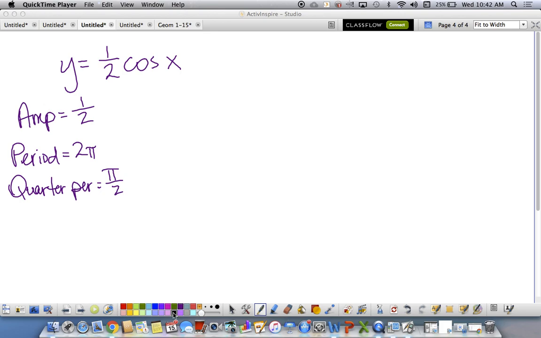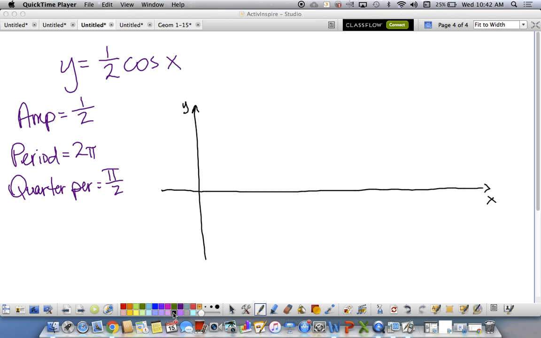Let's graph. Don't graph it until you've given me all the points. Your y-axis should go up to what and down to what? What is your amplitude?